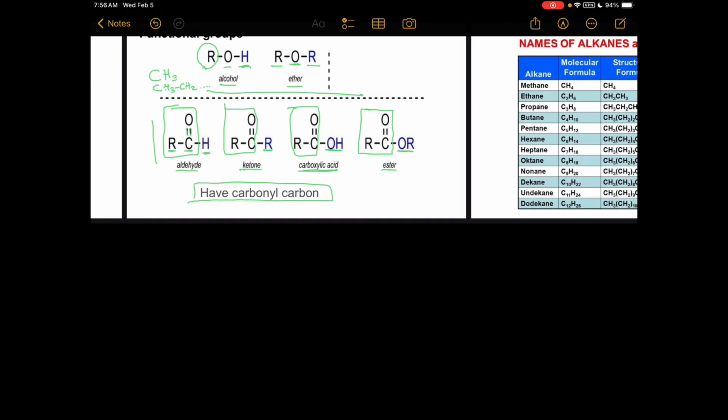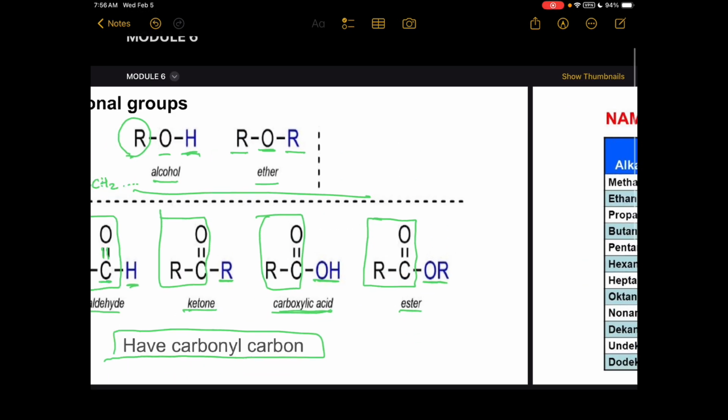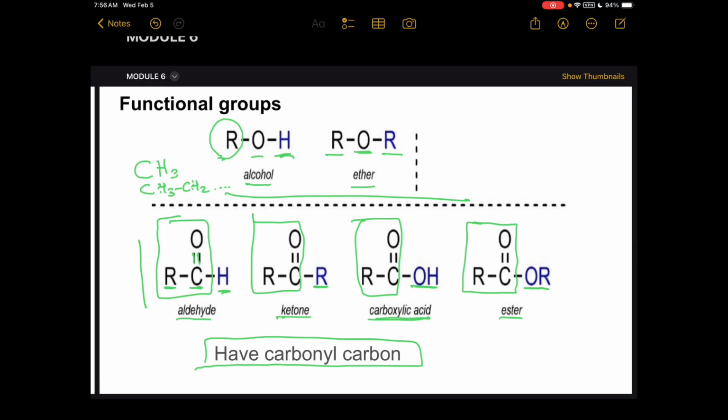And keep in mind, the name of this carbon is a carbonyl carbon. The carbonyl carbon is attached to an O with a double bond, and there's an R on the other side.